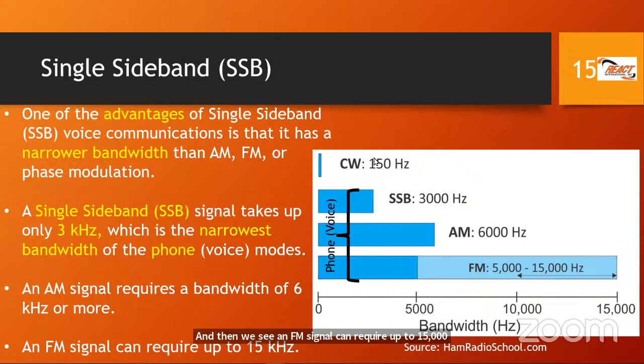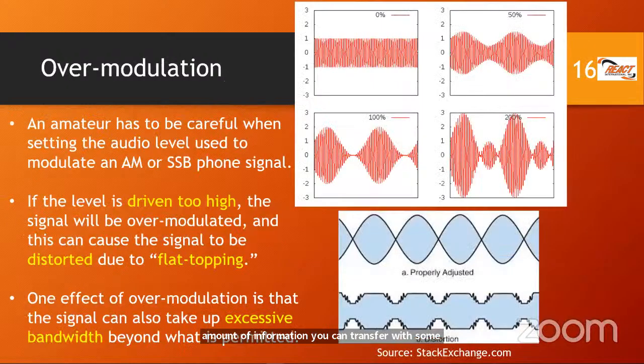These modes use more space, but of course the fidelity improves as you go up. You get something for something, right? So when you give up bandwidth, you also have a compromise in a way. So fidelity is what you're giving up here, as well as the amount of information that you can transfer with some clarity and redundancy and all of that. So let's probably do one more slide before we take our break.